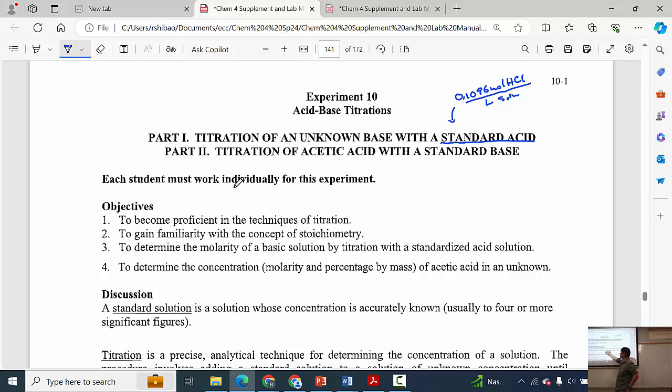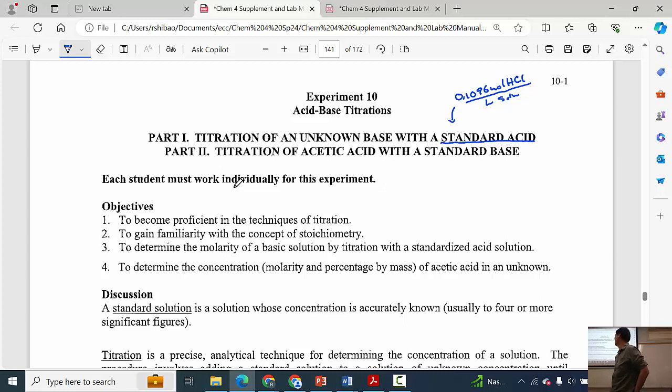Three, to determine the molarity of a basic solution by titration with a standardized acid solution. So what we're going to do is use the standard acid to figure out how much base is in there. To determine the concentration, molarity is moles per liter. It's one of the common units of concentration or composition of solutions. Composition of solutions is usually given in molarity.